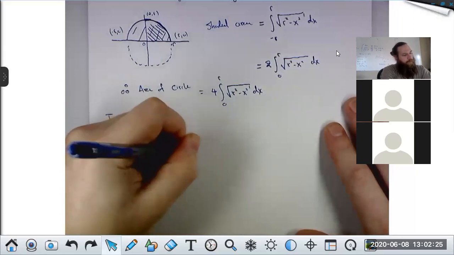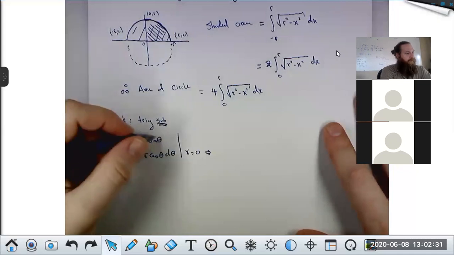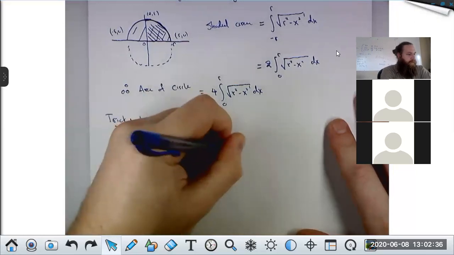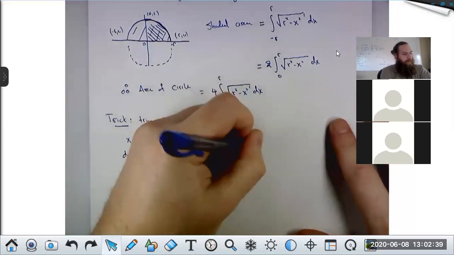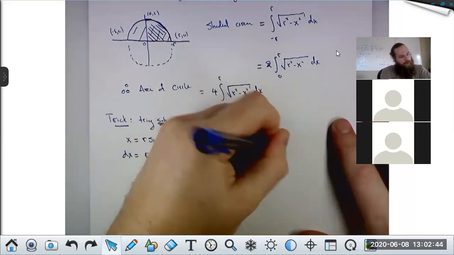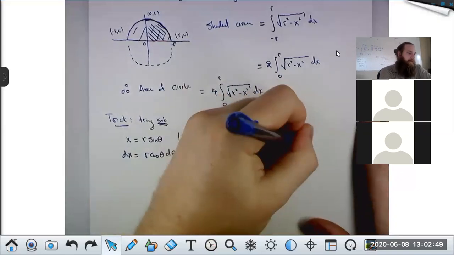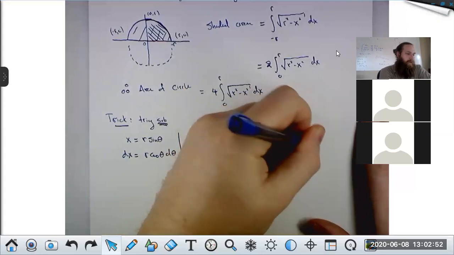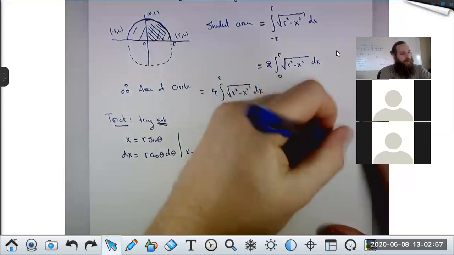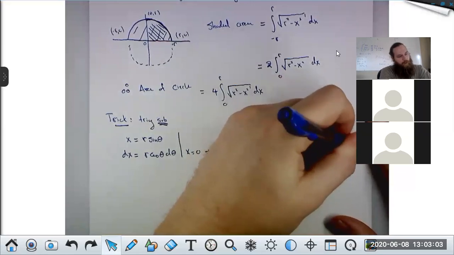When x is equal to 0, theta, I'll have r equals r sine theta. Divide both sides by r, I get 1 equals sine theta. And so theta is the inverse sine of 1. The inverse sine of 1 is pi over 2. So theta is pi over 2.